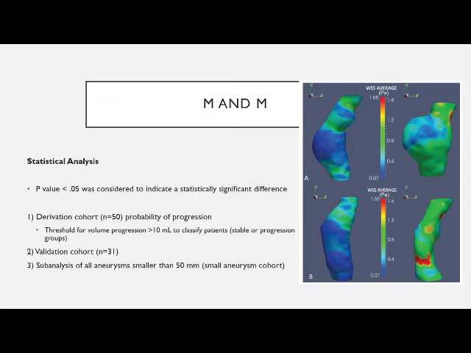aneurysm by itself. So then these figures, starting with this one, this is comparing the pattern of the wall shear stress. The shear stress I mentioned is the stress that's exercised parallel to the wall of the aneurysm.